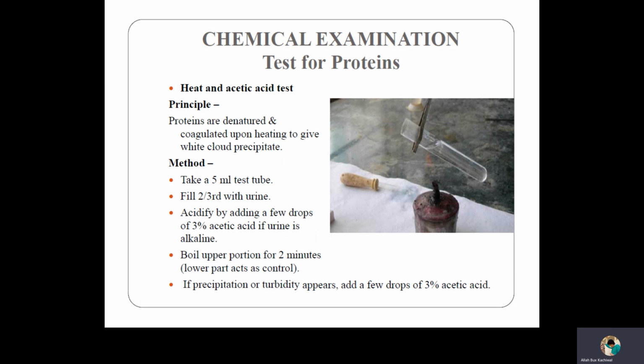The method is to take a 5 ml test tube, fill two thirds with urine, and acidify by adding a few drops of 3% acetic acid if the urine is alkaline. Boil the upper portion for 2 minutes, with the lower part acting as a control. If precipitation or turbidity appears, add a few drops of 3% acetic acid.